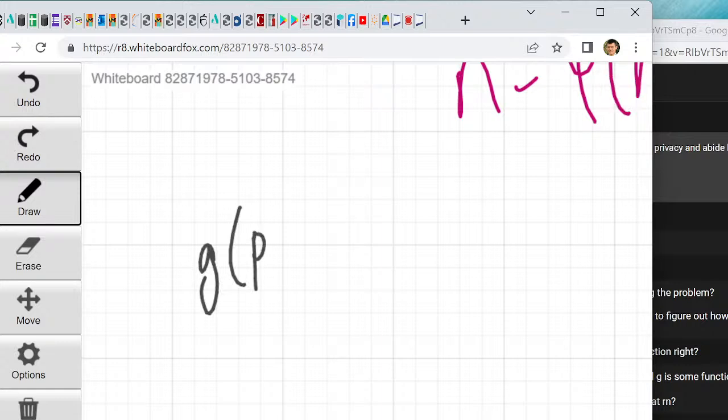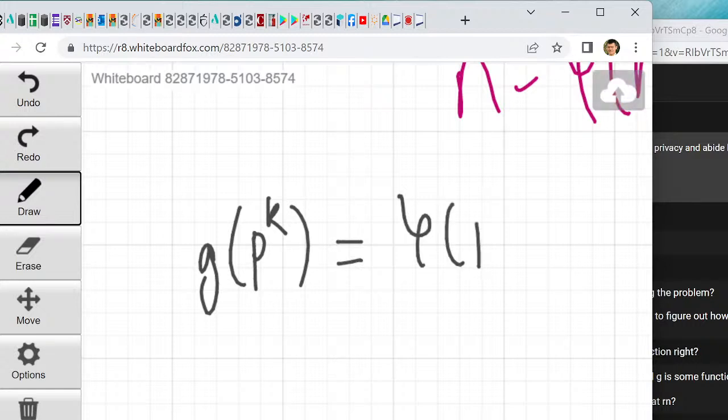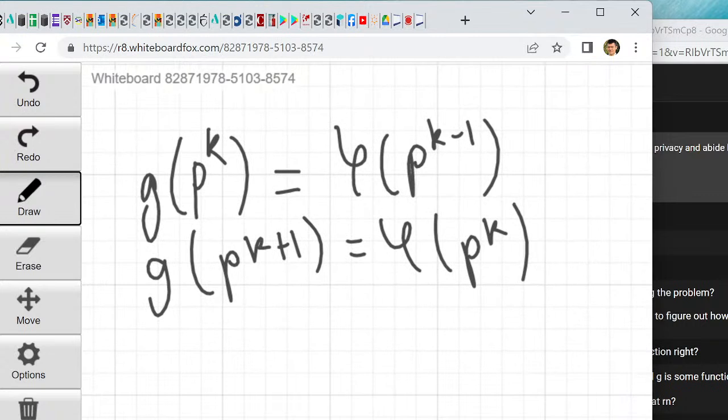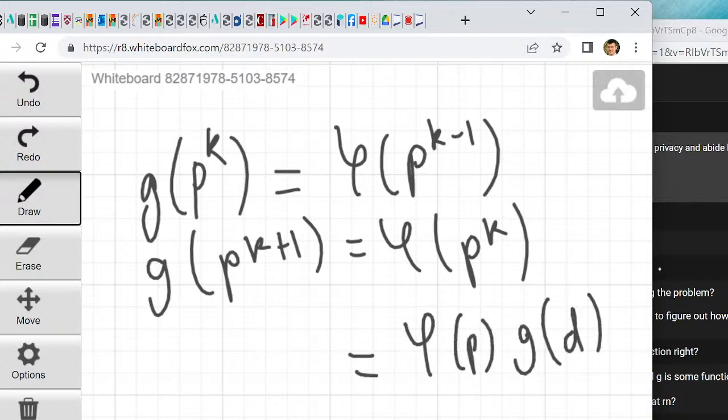G of p to the k equals, so basically it's equal to, let's see, phi of p times g of the original offset.